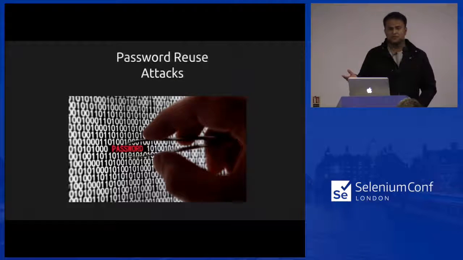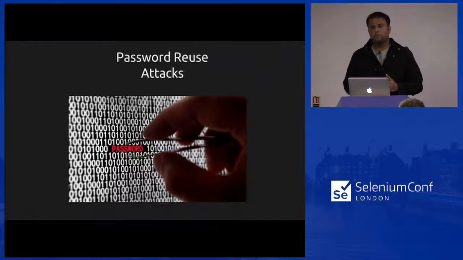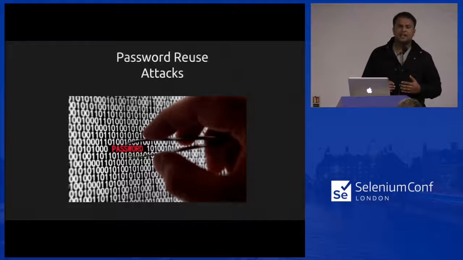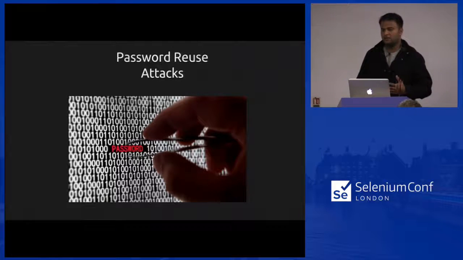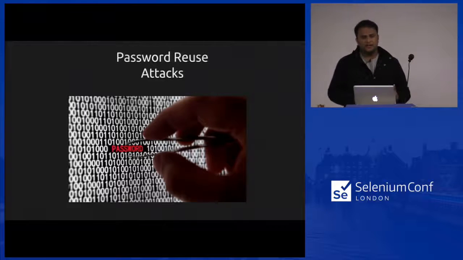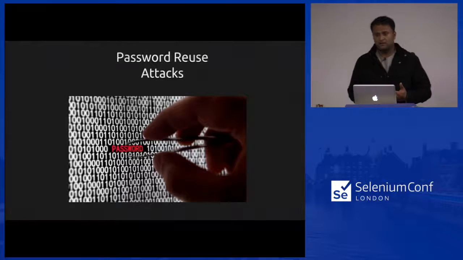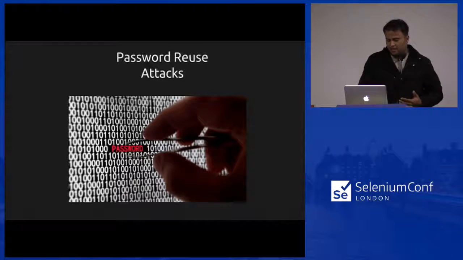If you reuse passwords, anything bad can happen, right? So I would recommend using good password hygiene, and you should enable two-factor authentication, two-step verification, for your websites, and look for vulnerabilities related to authentication.